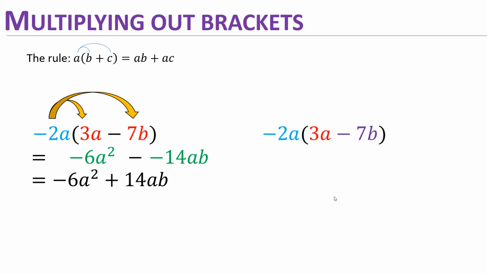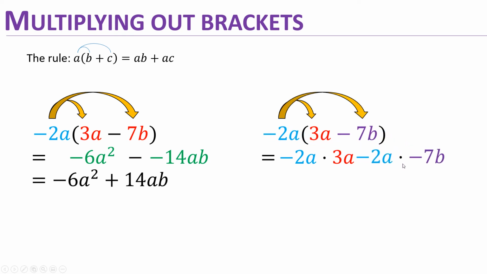The other way to look at this is as follows. We start in the same way, negative 2a times 3a, and now we multiply negative 2a by negative 7b. So we've already used the minus sign, so we don't have to copy it again. Now we evaluate this. Negative 2a times 3a is negative 6a squared, and now negative 2a times negative 7b is positive 14ab.